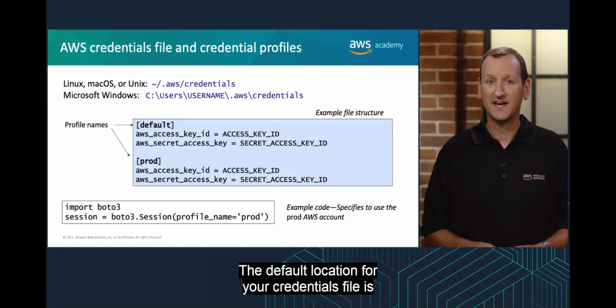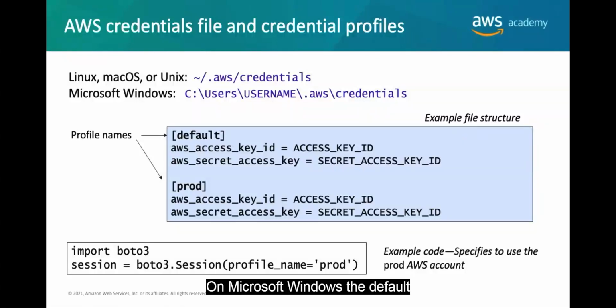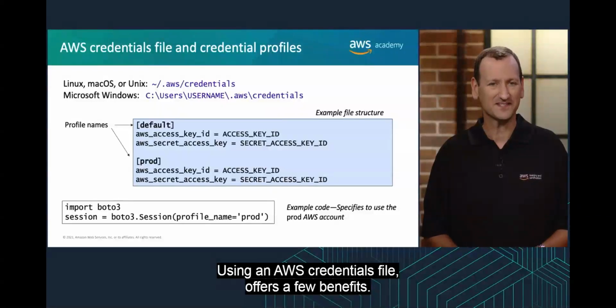The default location for your credentials file is ~/.aws/credentials on Linux, macOS, or Unix. On Microsoft Windows, the default location is C:\Users\username\.aws\credentials.